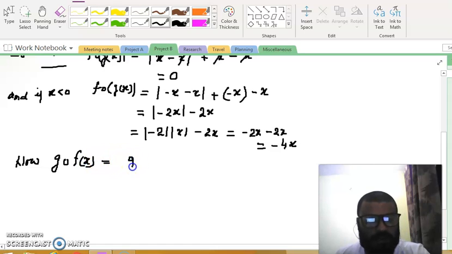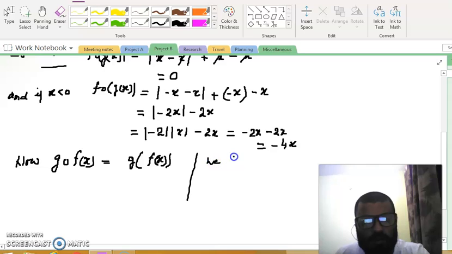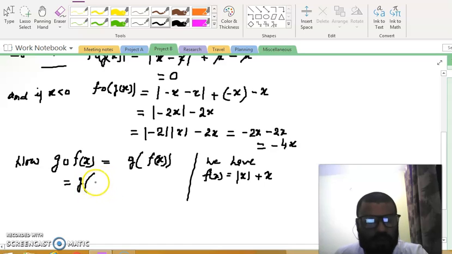This can be written as g of f(x), and we already have f(x) equal to |x| + x, that we can write. So under the g function we have to put this value: g of |x| + x.